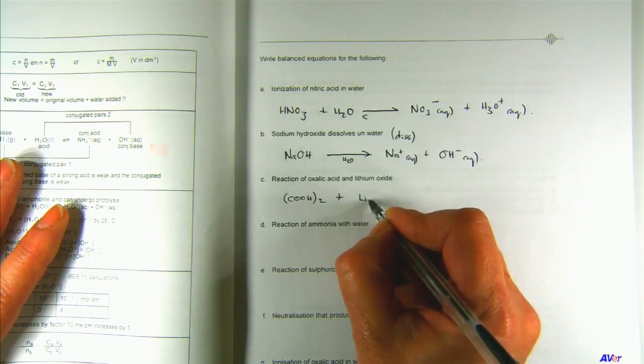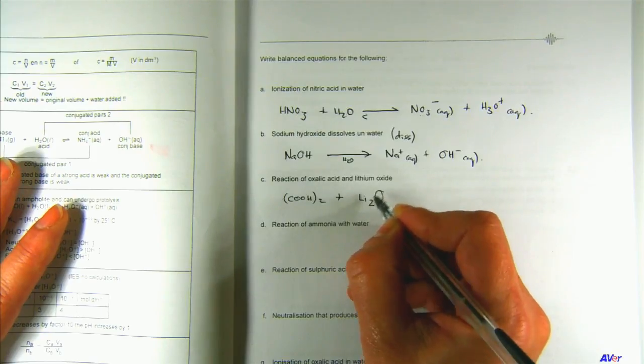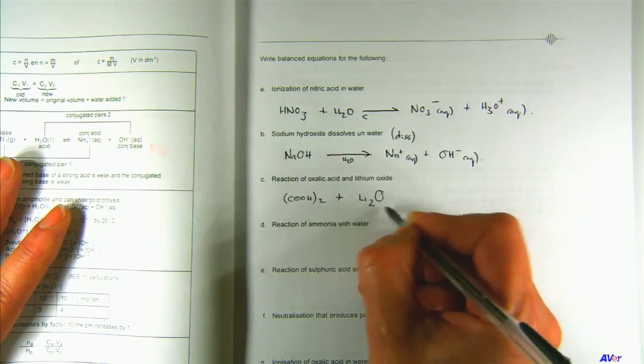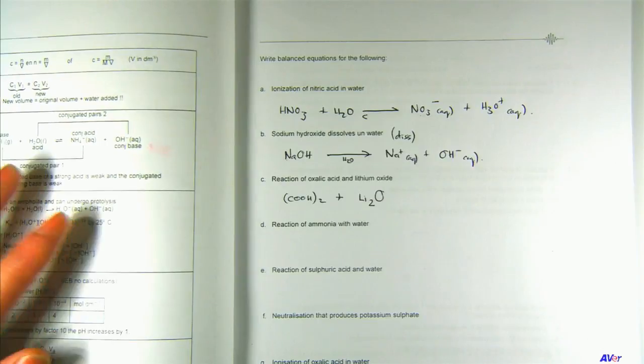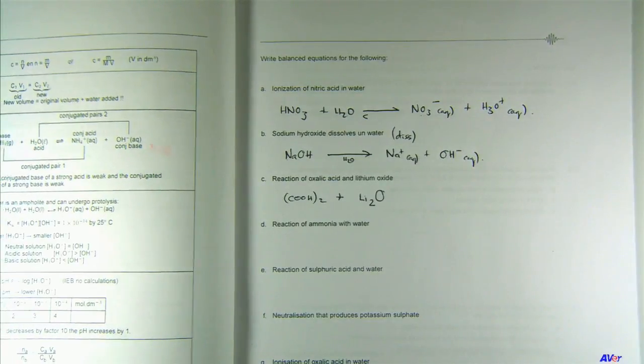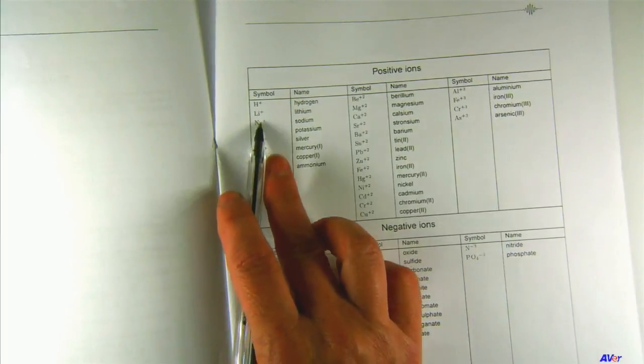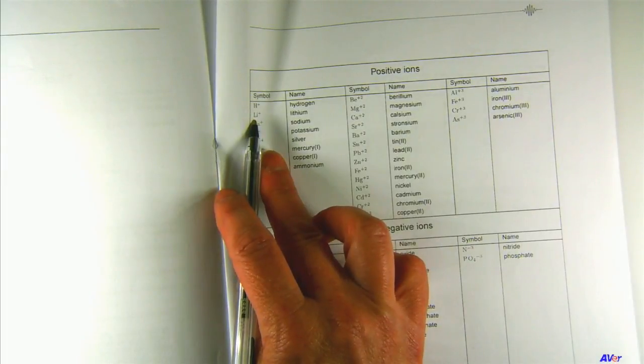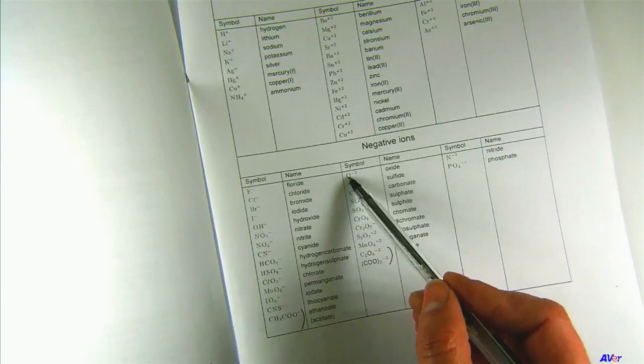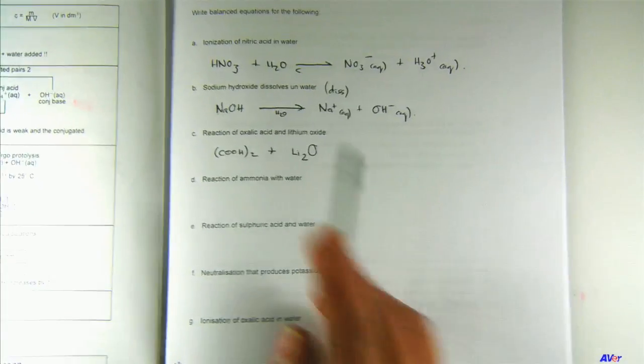So I have to take 2 lithium to 1 oxide, so I have 2 pluses for my 2 minuses over here. If you've got problems writing the formula, you should make sure that you know this table of ions there at the back. So the lithium being +1 because it's in group 1, and the oxide being -2. So you need 2 lithium for 1 oxide.